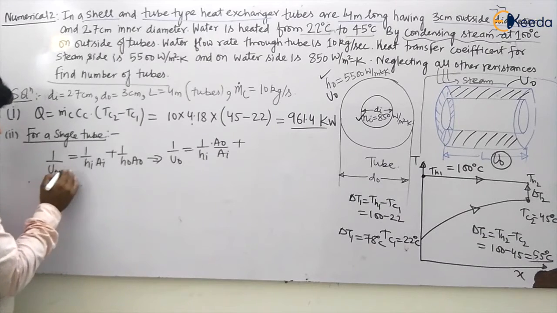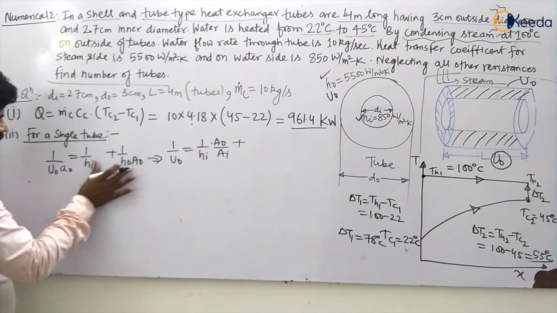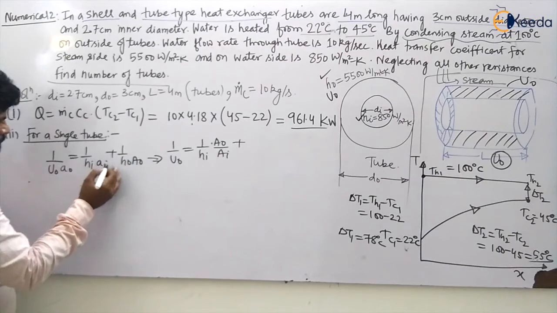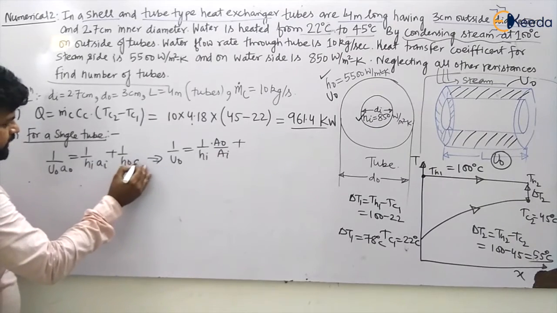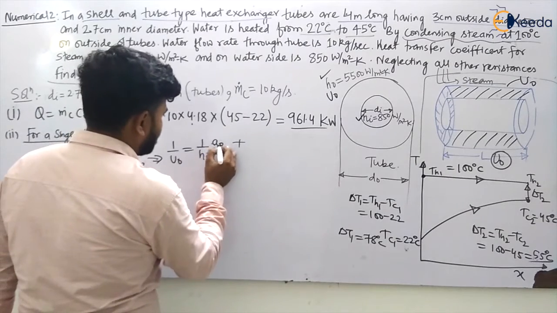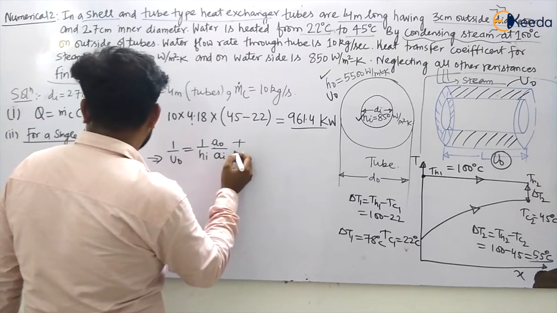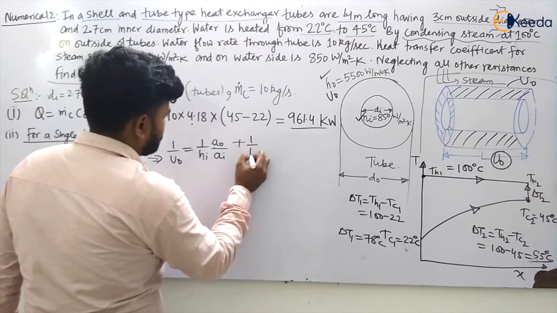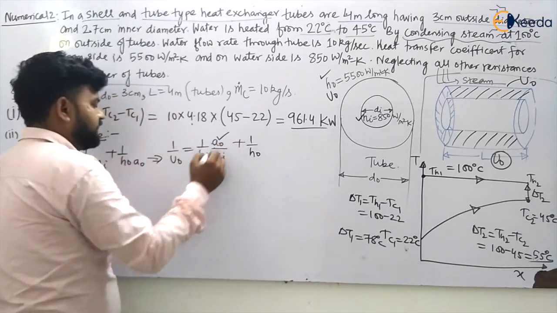What tube am I taking? Let us take a naught, and Ai, and a naught again. So I will have a naught by Ai plus 1 upon H naught. What is the outside area of the tube?